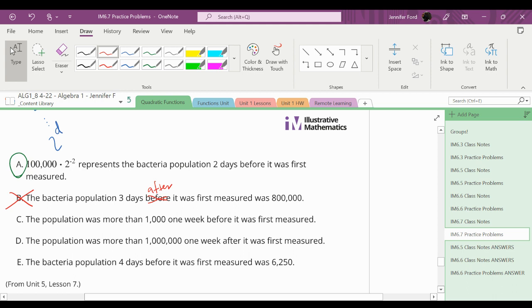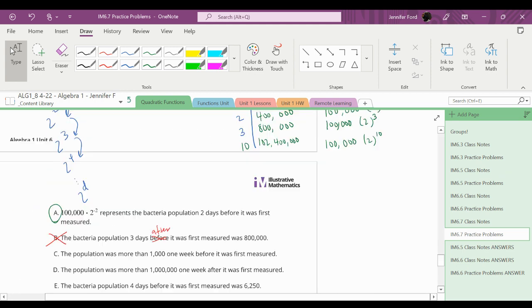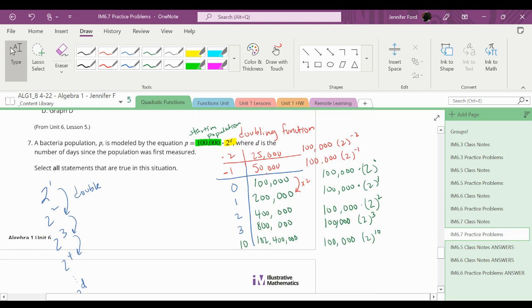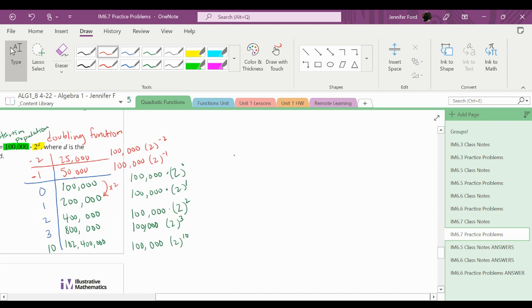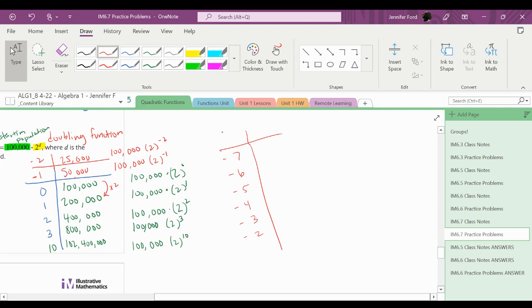The population was more than 1,000 1 week before it was first measured. That's a good question. Let's keep going back. 1 week is back 7 days. I'm running out of space here, so I'm going to go over here to the side. This is my day and my population. I'm just copying this first number over, 25,000.